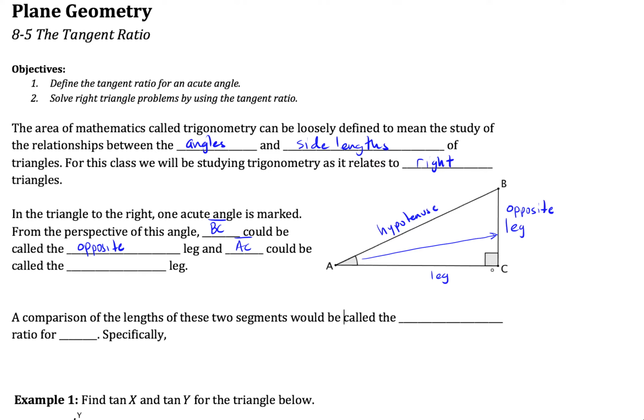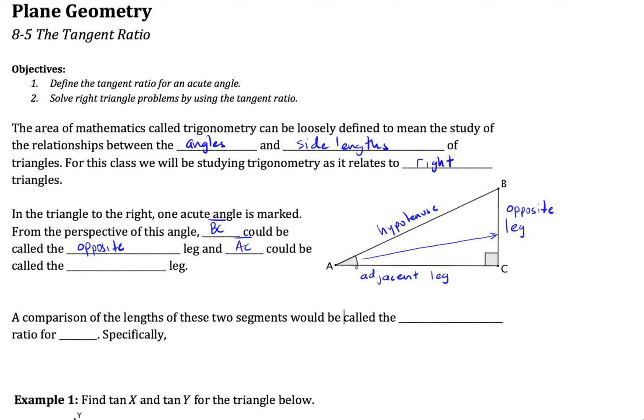And segment AC down here, we're going to give a more specific name rather than just leg. We notice that segment AC is one of the sides of angle A along with the hypotenuse, segment AB. We're going to call this the adjacent leg. Adjacent is a synonym for next to. When something is adjacent to something else, it's next to it.